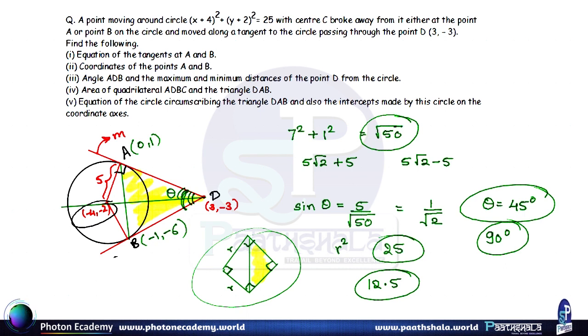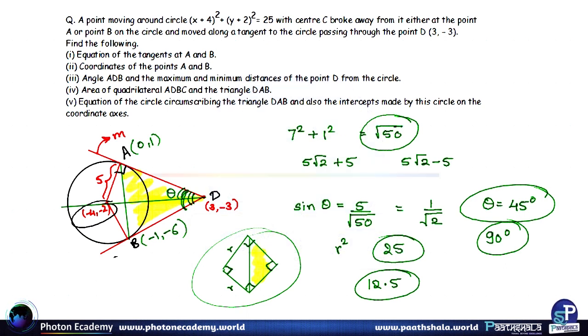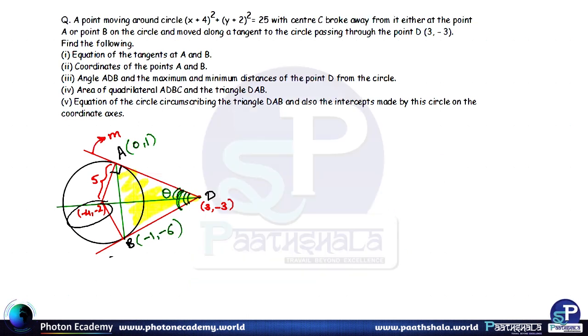Now the next thing they have asked is equation of the circle circumscribing the triangle DAB and also the intercepts made by this circle on the coordinate axis. So for this question we have already seen that quadrilateral DACB is a square, and we also know the properties of the circle.